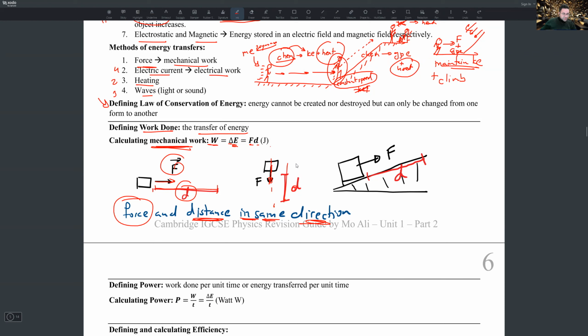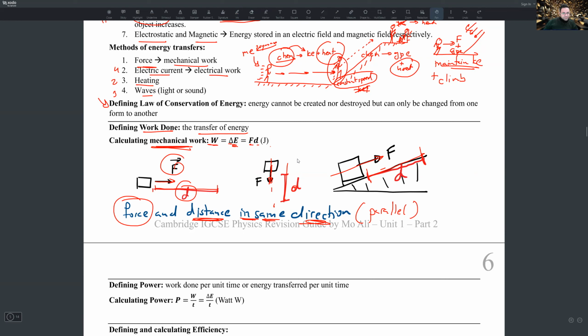And if you're pushing something up a slope, the distance is along the slope. They could be parallel to each other, not like moments, which are perpendicular. Here force and distance are parallel to each other in the same direction.